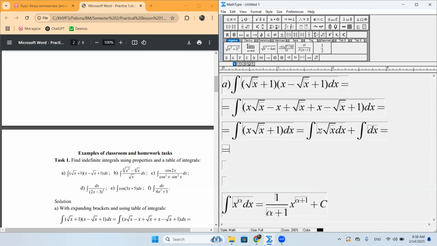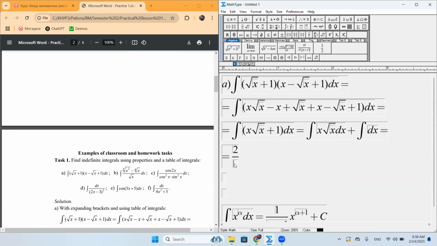What do we have here? So x in power of 3 divided by 2. So we will receive x in power of 5 divided by 2, divided by 5 over 2. So 2 over 5 x in power of 2 and by square root of x.